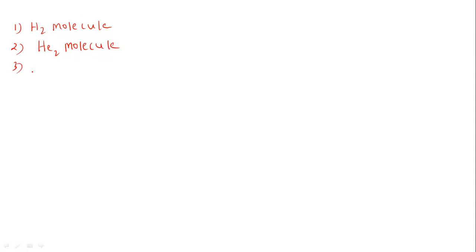Then third, it is the lithium molecule. Now, the bond order in the hydrogen molecule is 1. Then the helium molecule, it is 0. Lithium molecule, once again it is 1.